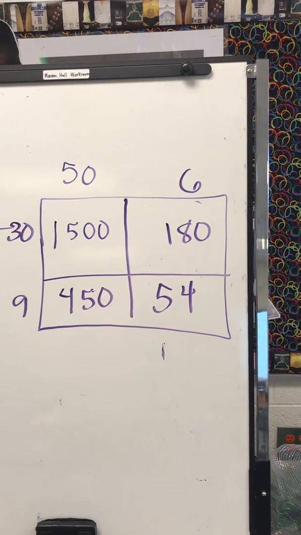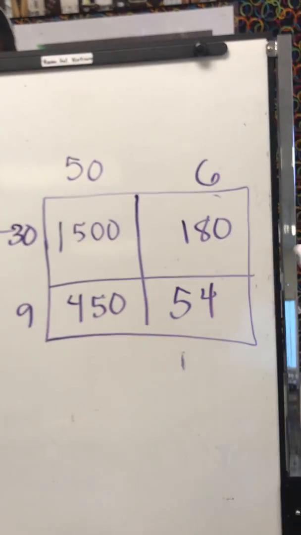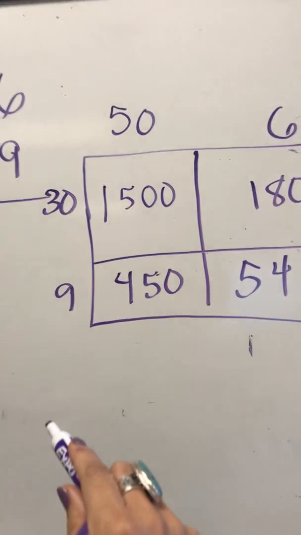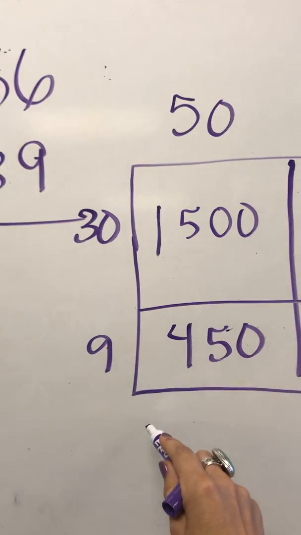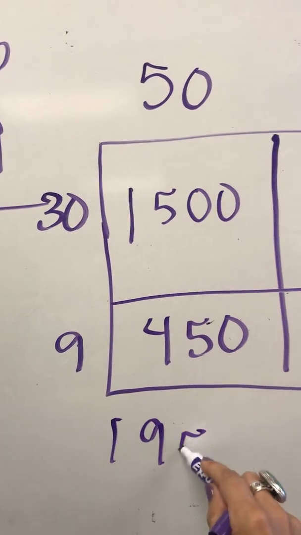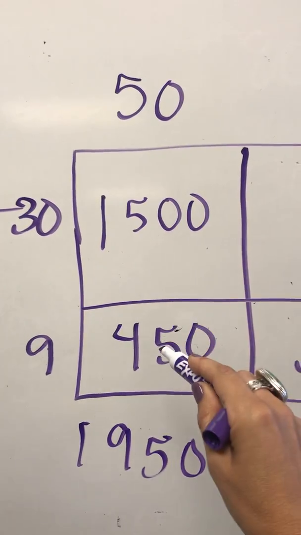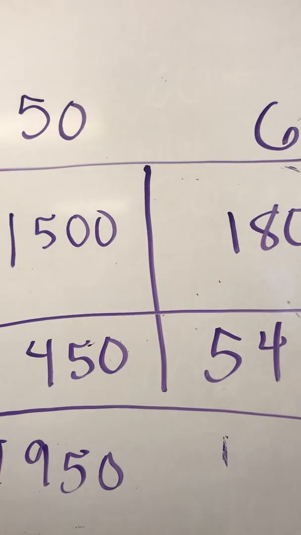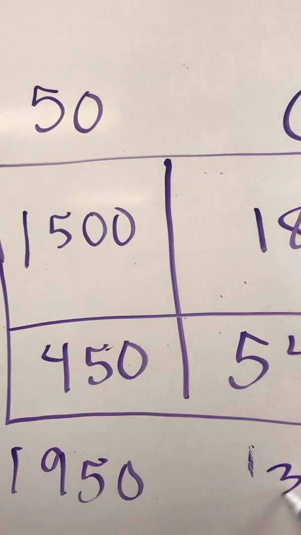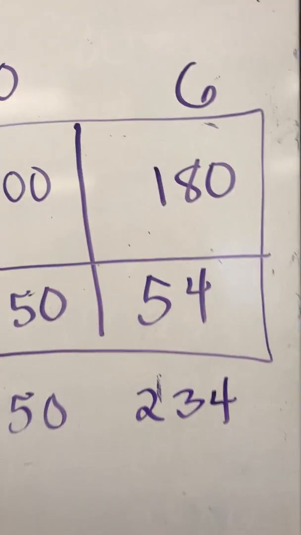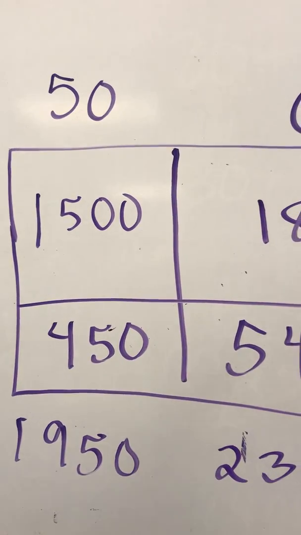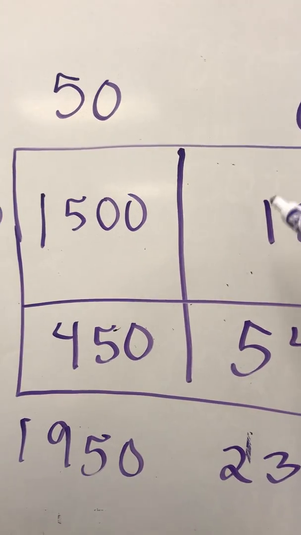Now, all I have to do is add up. I could add across if I wanted to, or I could add up and down. Doesn't really matter. So I'll do this one, which would give me 1,950, because 1,500 plus 450 is 1,950. 180 plus 54 is 234. 4 plus 0 is 4. 8 plus 5 is 13. 1 plus 1 is 2.